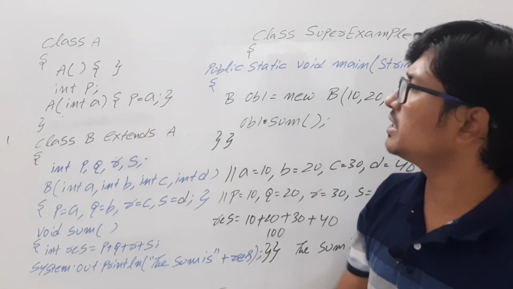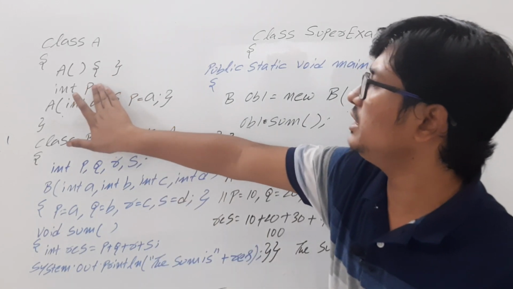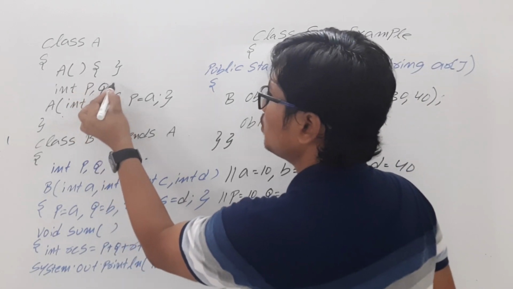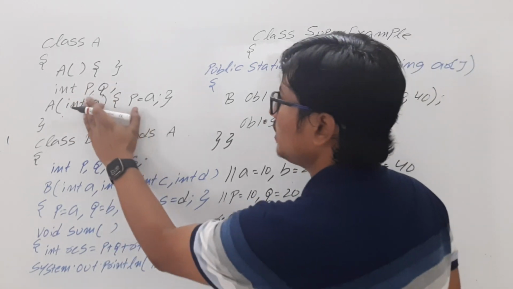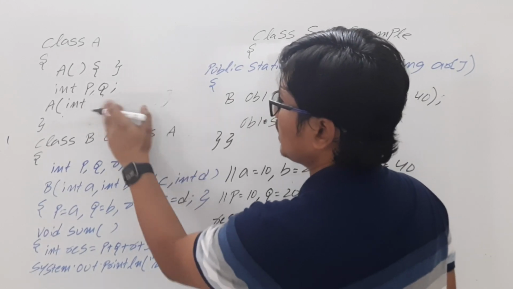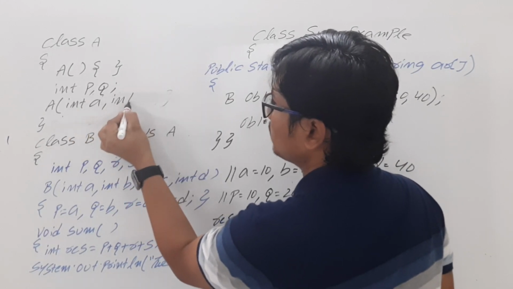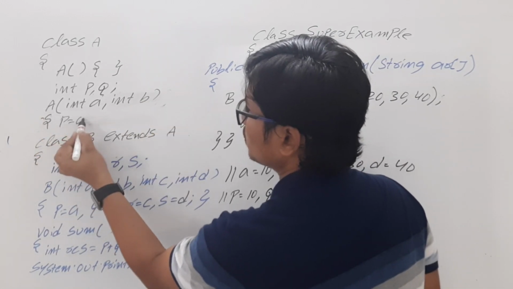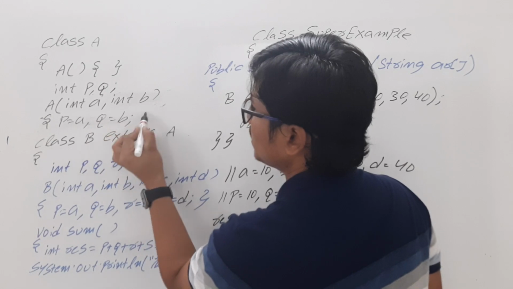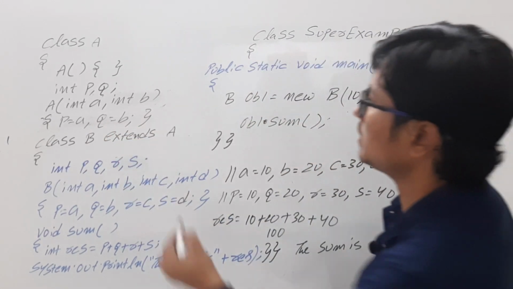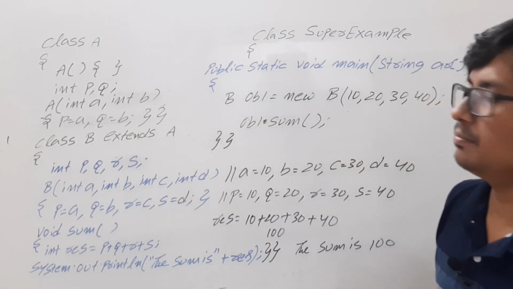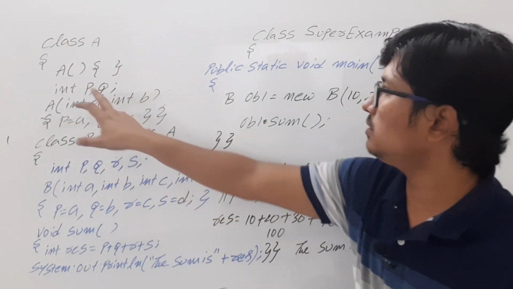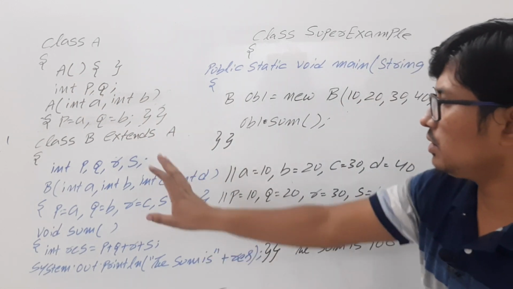Okay, suppose let's take that in place of only one initialization, I have initialized 2 variables P comma Q, and here I am taking a constructor which has 2 parameters int A comma B. Then I will write P is equal to A, Q is equal to B. Okay, and let me close the main class also, class A also. So this is for closing the method, this is for closing the class. Okay, this is absolutely fine.